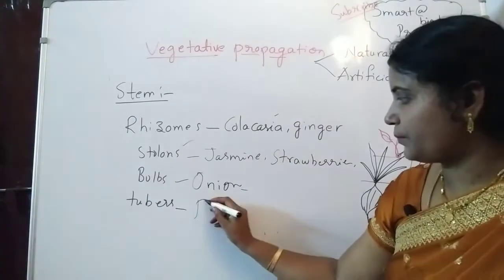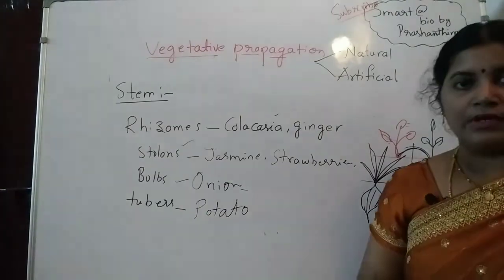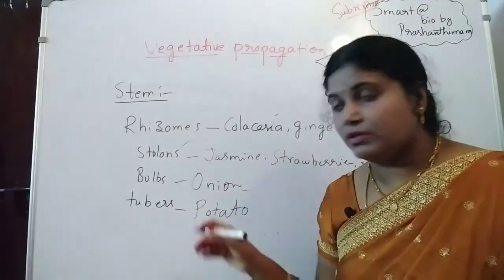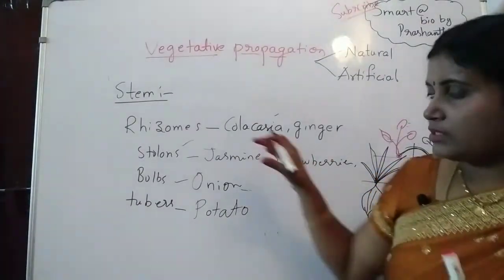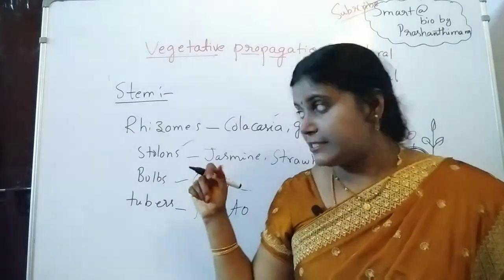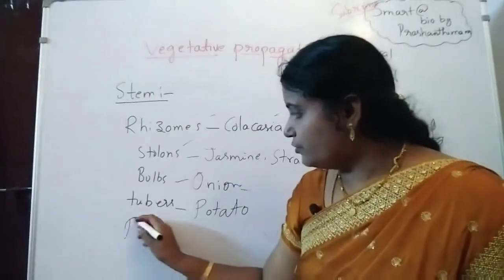Tubers means potato. Here bulbs are leaf modifications and tubers are stem modifications. So first we completed leaves, then stems: rhizomes, stolons, bulbs and tubers.